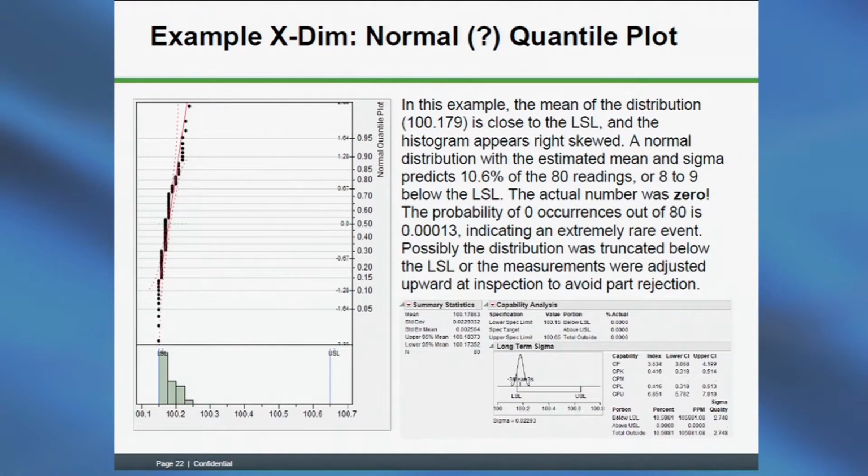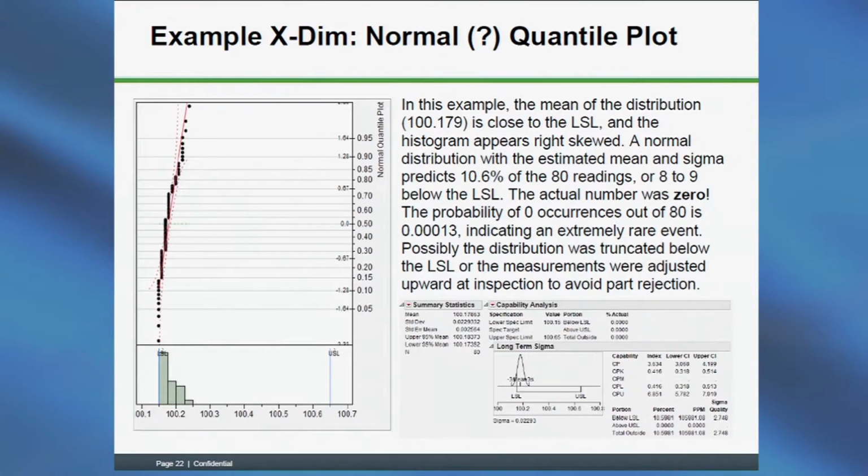So a normal distribution with this estimated mean and sigma predicts roughly about 11% of the readings should be outside the lower spec limit, and the actual number was 0. So this probability of 0 occurrences out of 80 is very rare. You know, 1 chance out of 10,000, basically, indicating an extremely rare event.